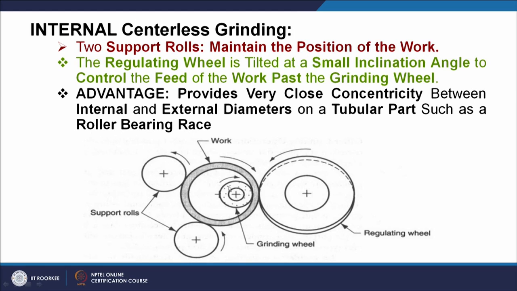A grinding wheel is brought in contact with the inside surface, and its rotation removes material from the internal surface. The inclination given to the regulating wheel helps move the workpiece past the grinding wheel, so that the entire length can be processed.